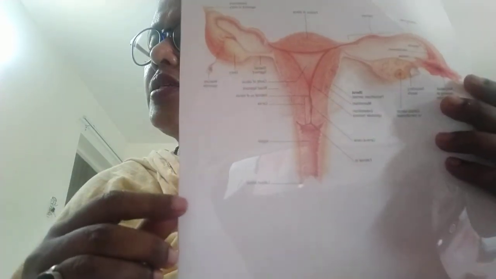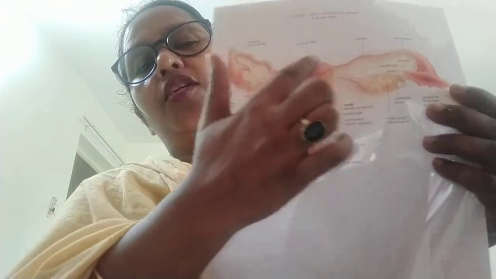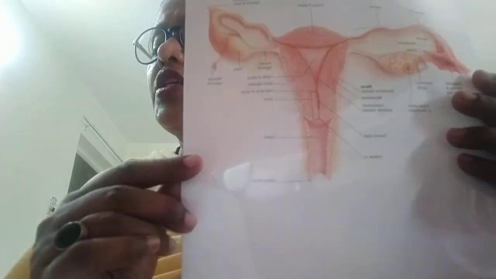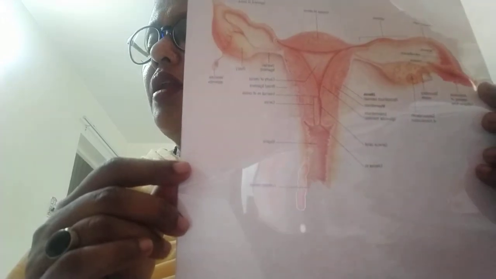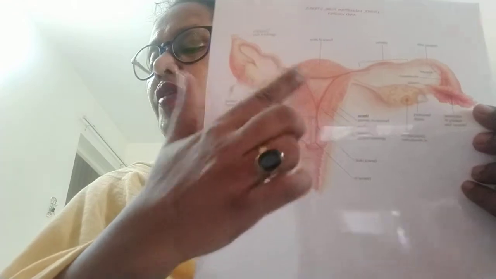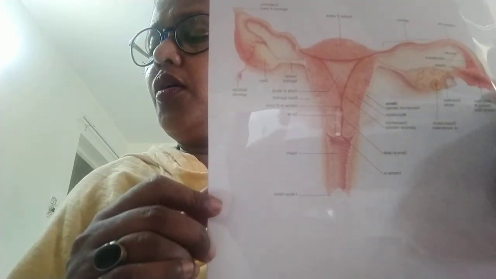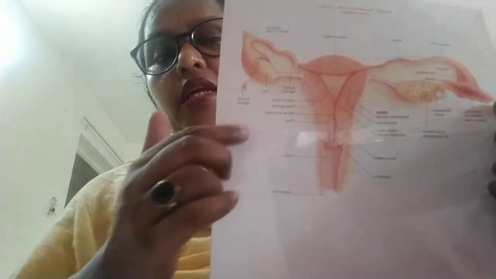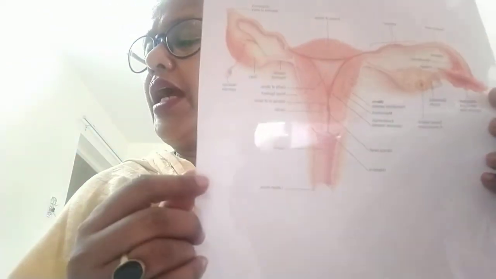The part which lies above the opening of the uterine tubes is called the fundus. It is solid and not hollow. The upper and lateral angle of the fundus is called the cornua, where the fallopian tubes are attached on either side.